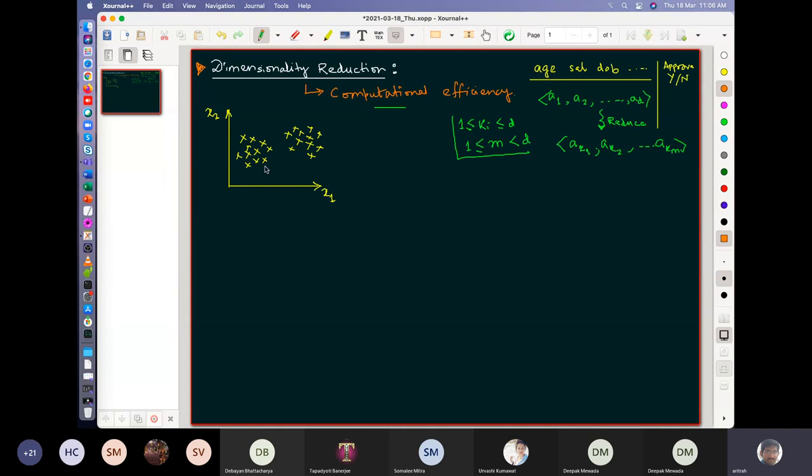Though each data point corresponds to some value of an x1 and x2 pair, in order to consider these two sets of points as two different clusters, both dimensions will not matter. In other words, if we project all these points onto one of the dimensions, I get a cluster of projections on that particular axis. Also, I can project all the other points onto this axis, and I get a cluster of points in that particular way.